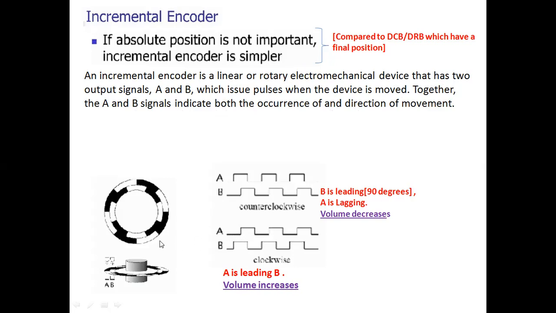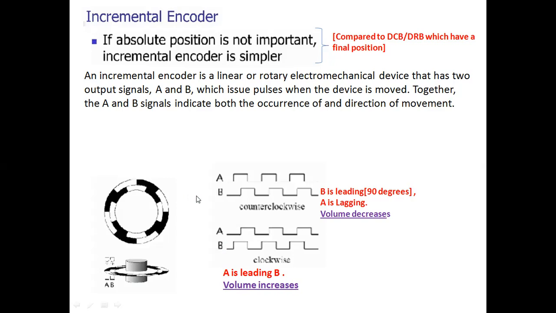When A is moved clockwise, A leads B by 90 degrees, and you can see this in the waveform as well. Hence we can see that the user is trying to increase the volume or frequency or any parameter for that matter, and here you can see the movement to be continuous.